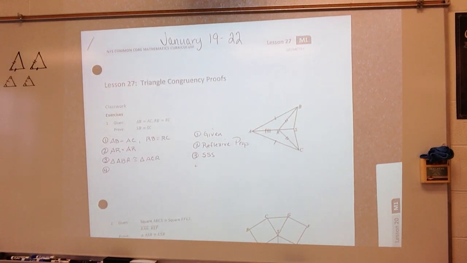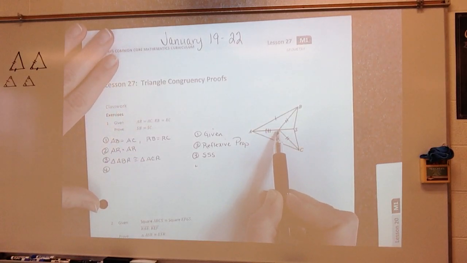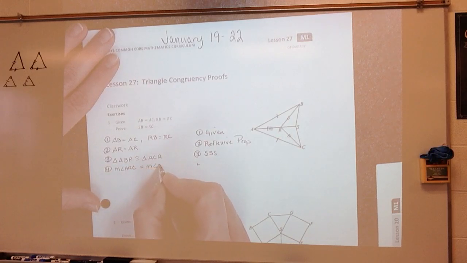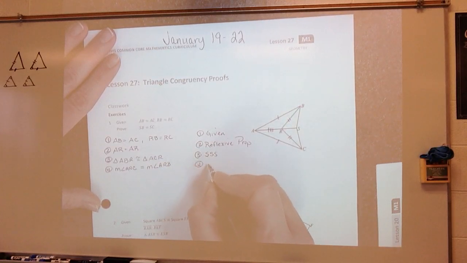So let's look at my next part. The next thing I want to do is prove that I have equal angles. So I'm going to say the measure of angle ARC is equal to the measure of angle ARB, and that is by CPCTC.